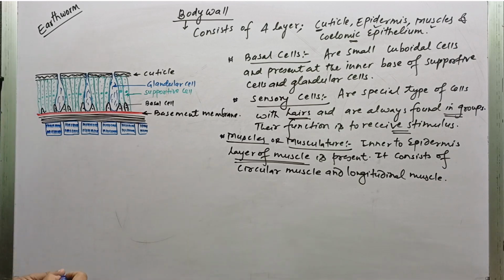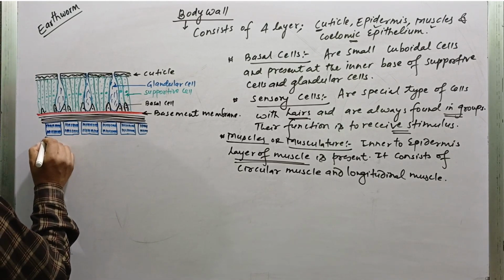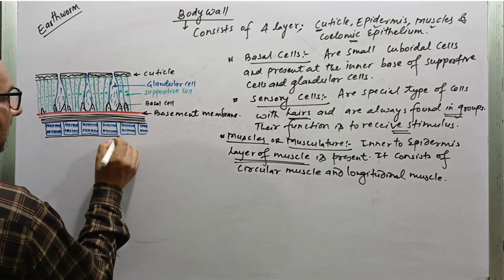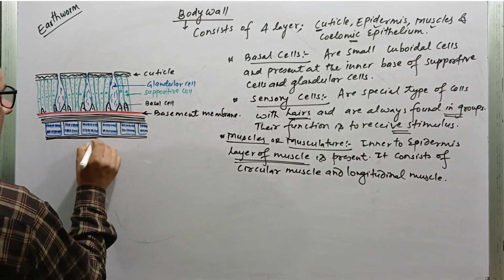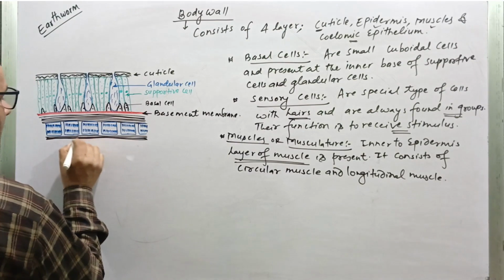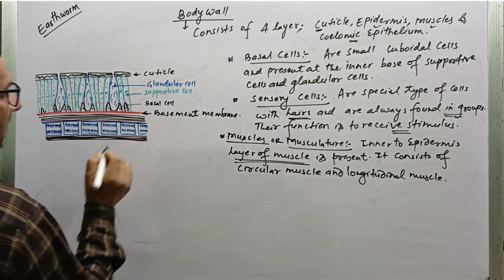And inner to the blocks of the longitudinal muscle, a very thin layer of circular muscle is also present. So, this is about the muscular layer.